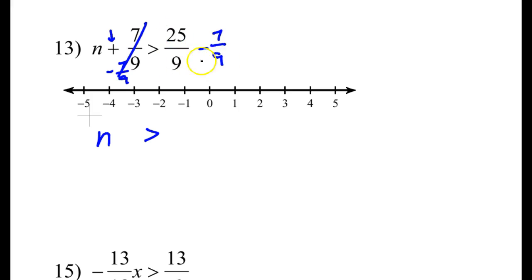These are already the same denominator, both 9, so we just do 25 minus 7, which is 18. And 18 divided by 9 is 2. So all our answers must be bigger than 2.